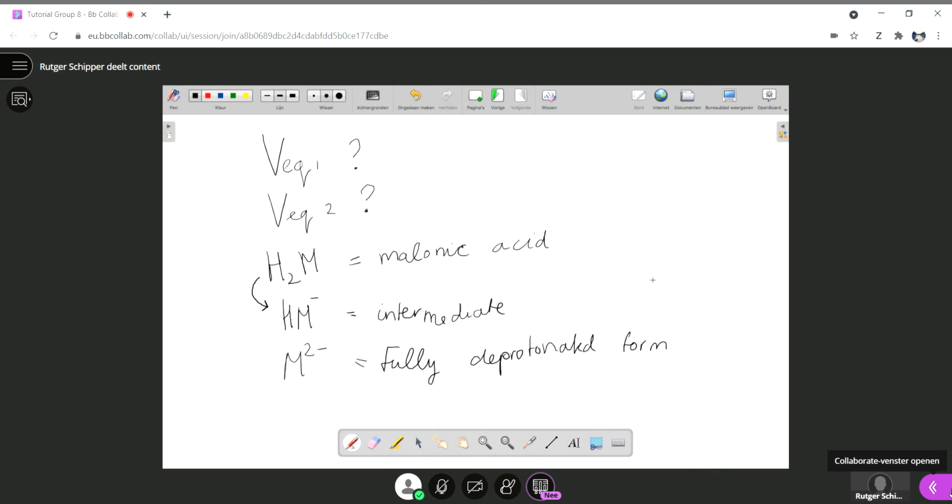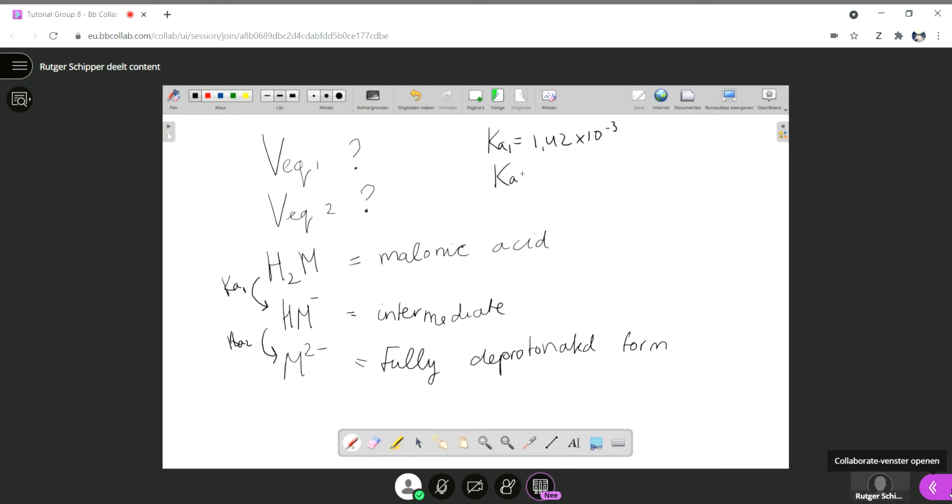And in our case, we are dealing with an acid constant of 1.42 times 10 to the power of -3 for the first Ka. So basically, this is the first Ka, and this is the second Ka, right? The first Ka is, I think, given as a number in the exercise. I can write it down for you.